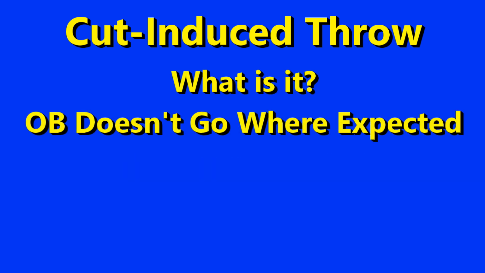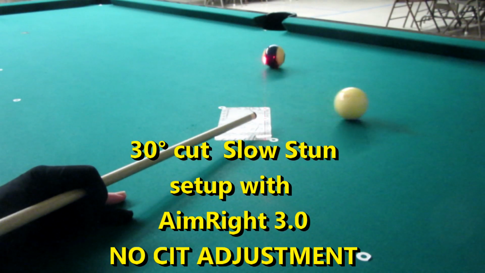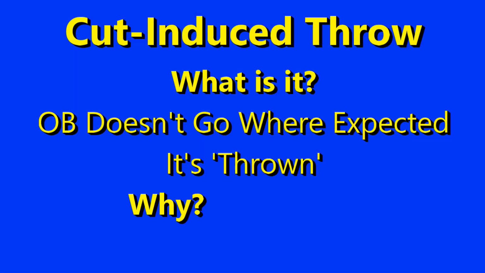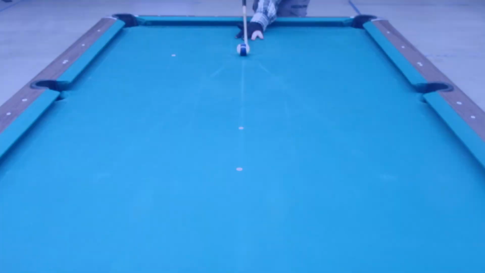Cut-induced throw means the object ball doesn't quite go where you expected. It's thrown a bit. Why? Friction. What happens when a ball is struck depends tremendously on how much friction there is between the ball and what hits it.